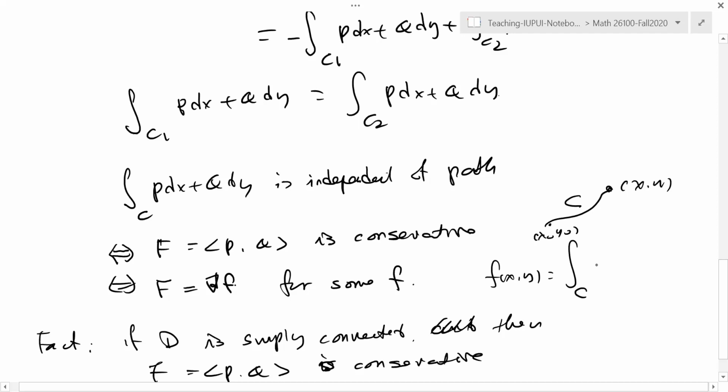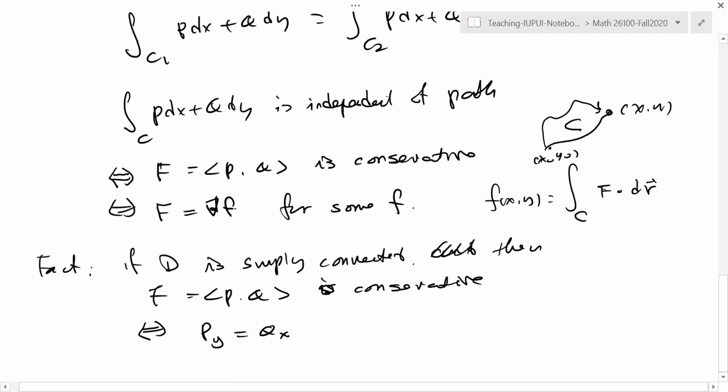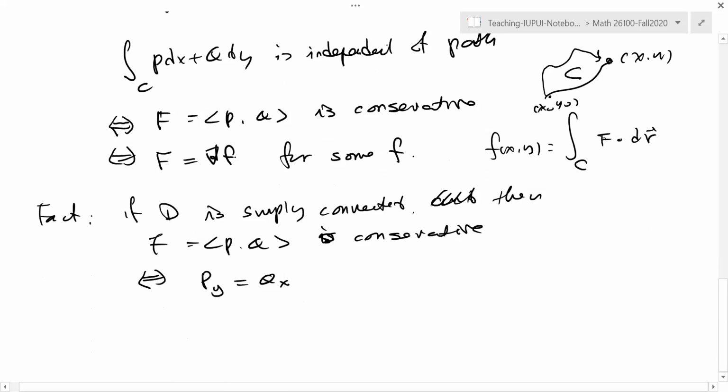Then this will be the gradient, so it's the integral of F dr. Because it's independent of the path, maybe there's another path here, it doesn't matter. So this will be a function of x, y, and that function is the one you want. That's the logic.